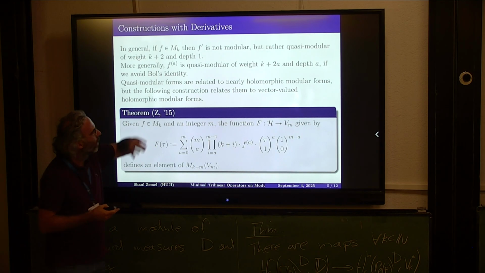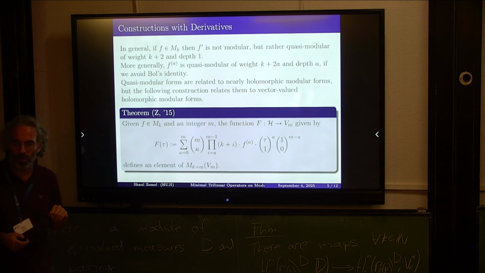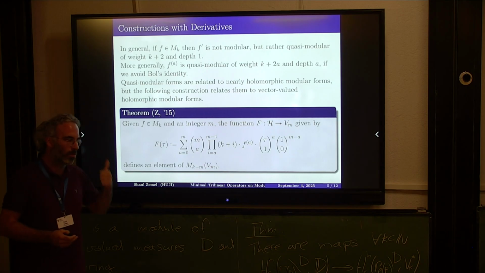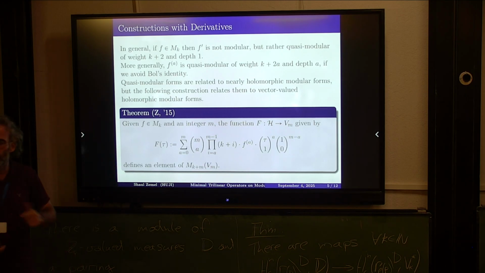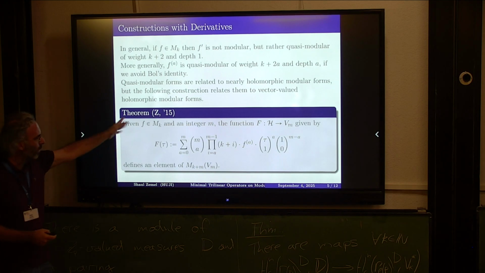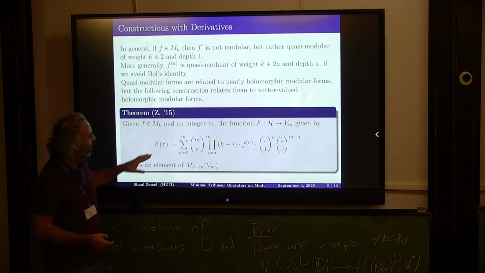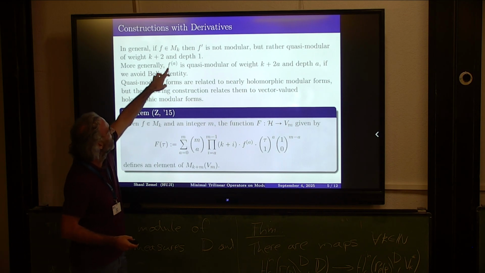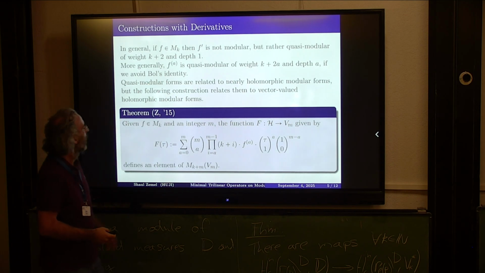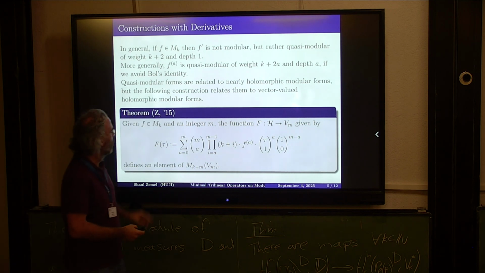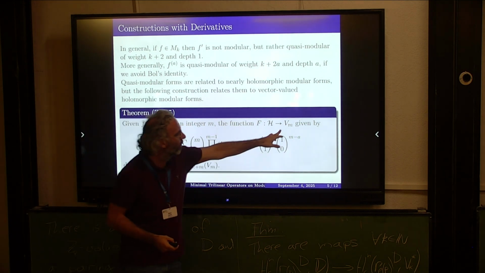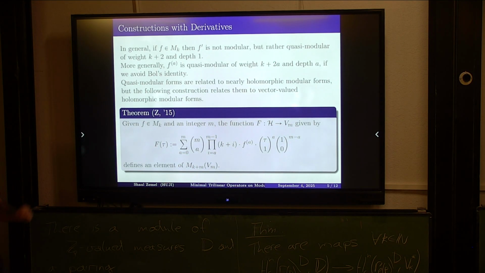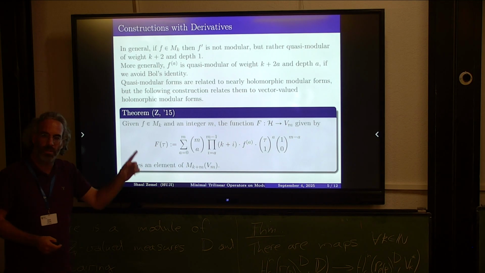But what we can do with quasi-modular forms that are holomorphic, if you want to go back to modularity and stay holomorphic, there is a theorem I proved like 15 years ago that you can take a quasi-modular form, in this case this one, with A equals m, of depth m. You can make from it a Vm-valued actual modular form that is holomorphic.